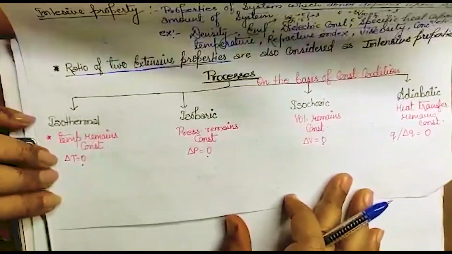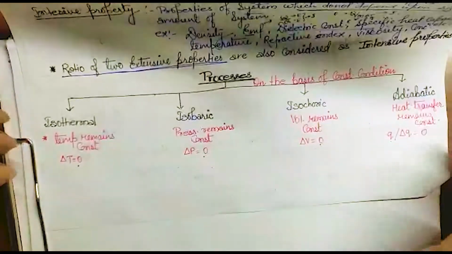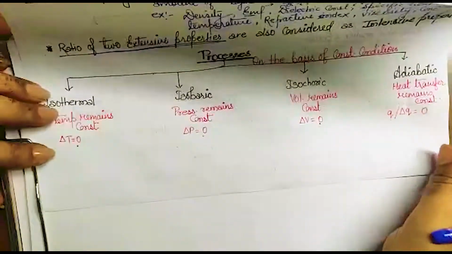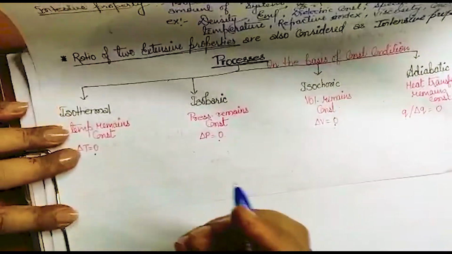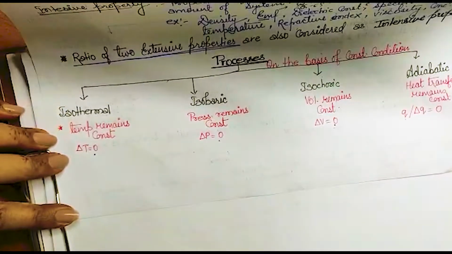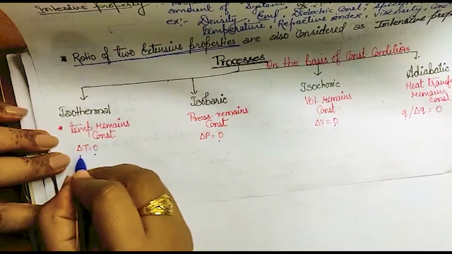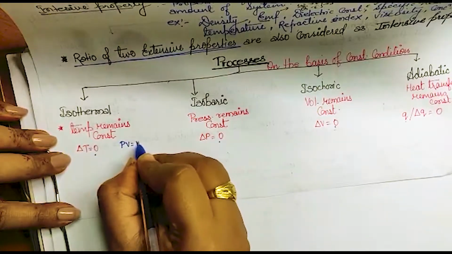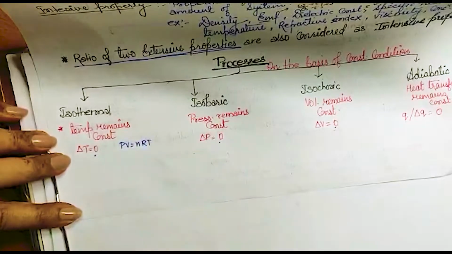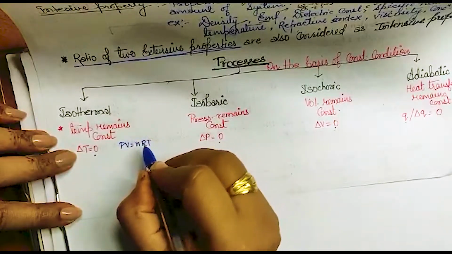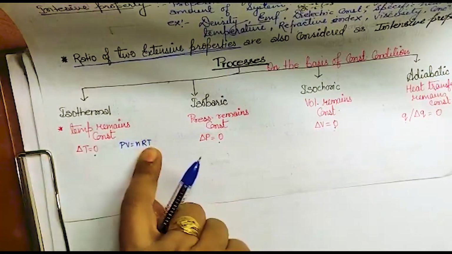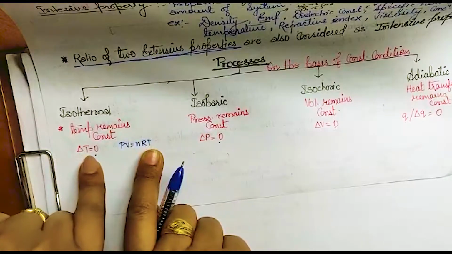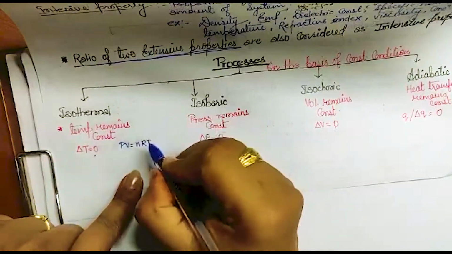Okay, now if we learn something about these processes in a little more detail. We will learn this in states of matter also. In this case, delta T is equal to 0, and we know that there is a formula PV is equal to nRT, isn't it? So T is going to be constant.